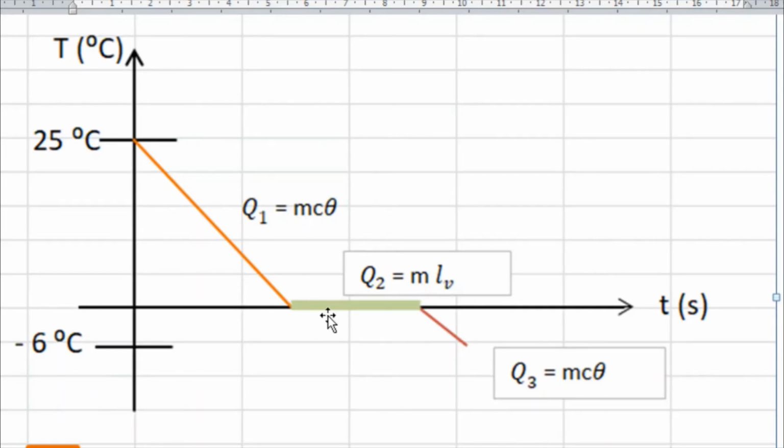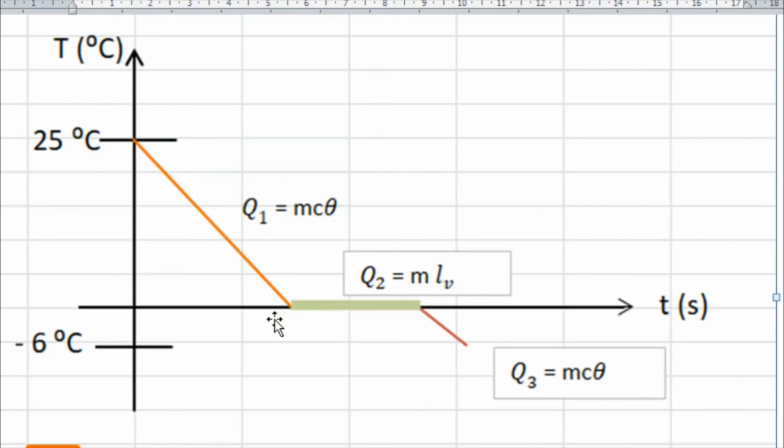From the graph, we can see that there are two types of line. The orange line is an inclined line. For Q1, there is change in temperature from 25 degrees Celsius to 0 degrees Celsius.